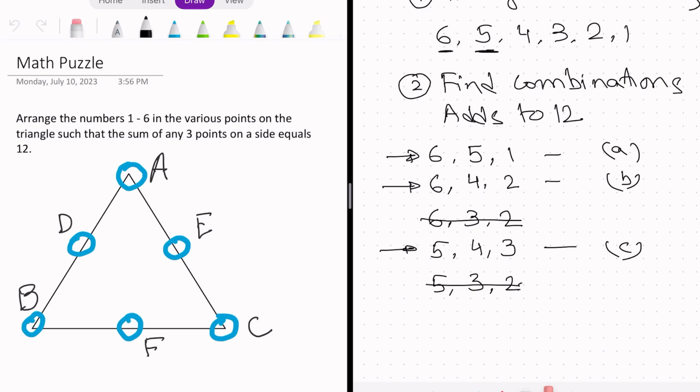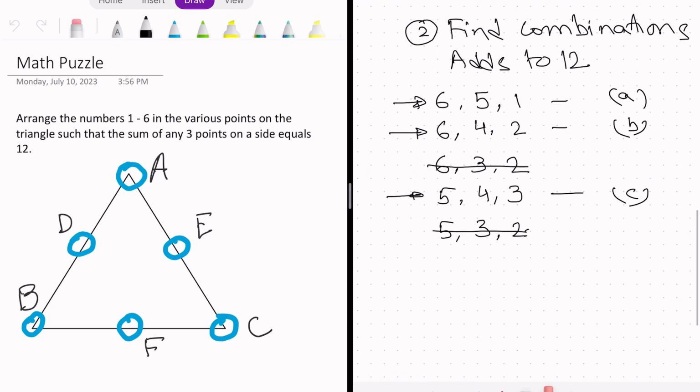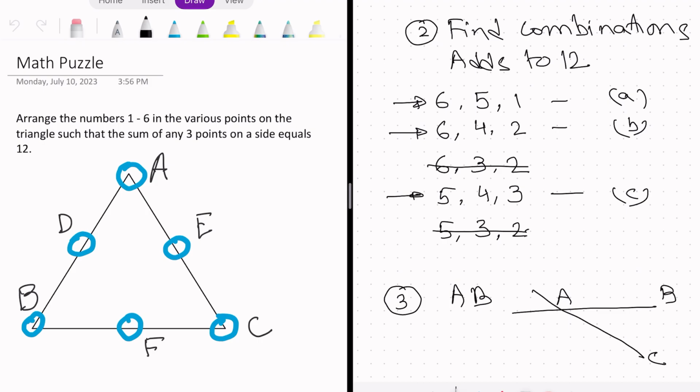Now, if we have a line AB that intersects with the line BC, that intersects with the line AC, then A, being the common point between AB and AC, will repeat when I look at lines AB or AC.